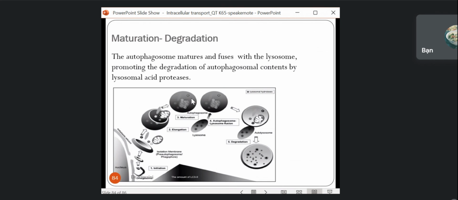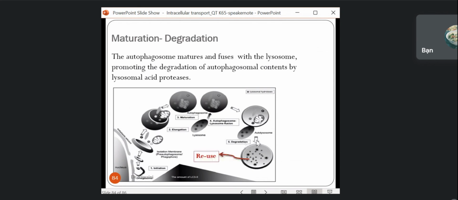So after the autophagosome is formed from the elongation stage, it will fuse with the lysosome to make the autolysosome, and in the autolysosome, the enzymes will degrade all the structures inside. So these are the three steps of macroautophagy.